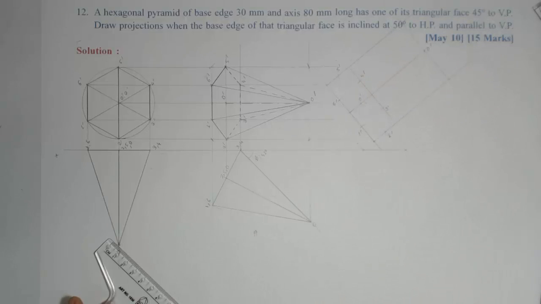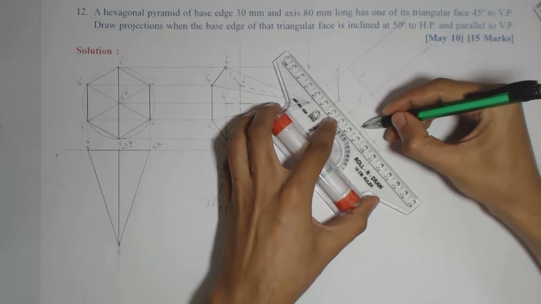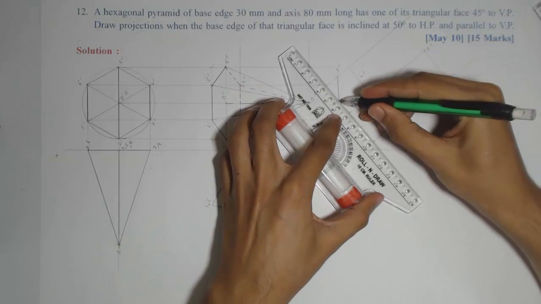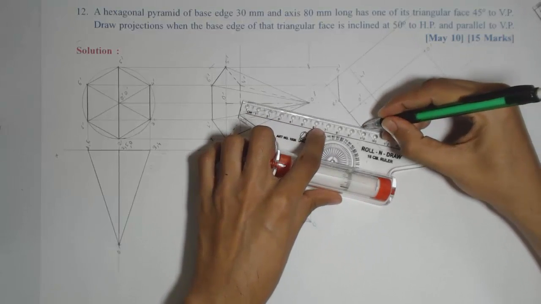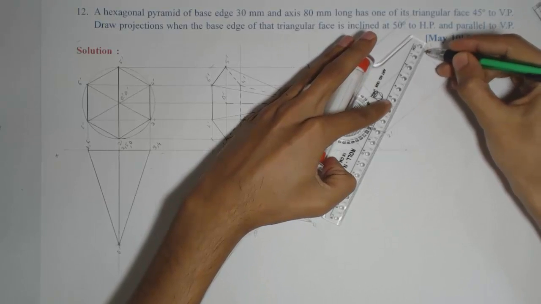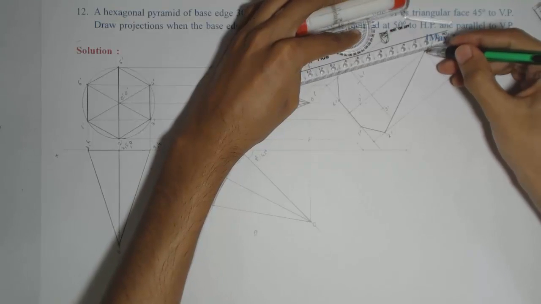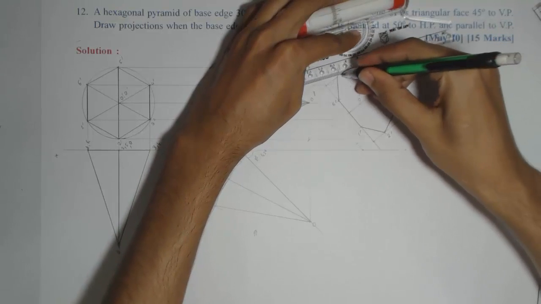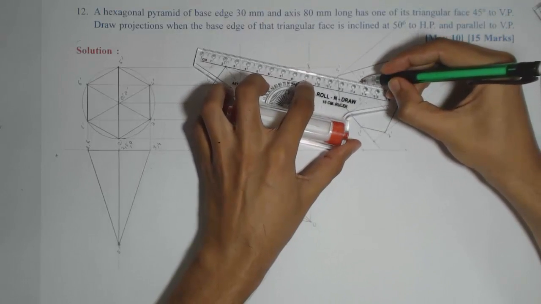Now we'll join with the same visibility, outer boundary dark. Then remaining 3 edges of the base dotted.